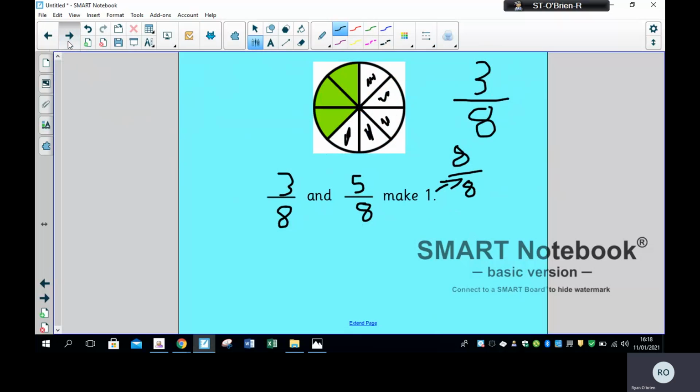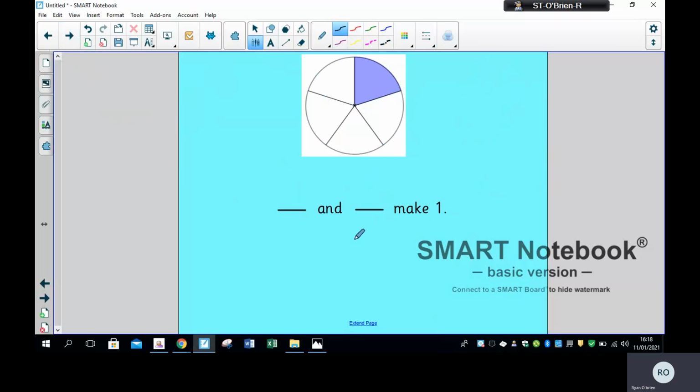Let's have a look at the next one. There's 5 parts there, 1, 2, 3, 4, 5, so we know it's going to be out of 5. I've got 1 part shaded. How many more do I need to get one whole? I need 1 more, 2 more, 3 more, 4 more parts, and then my whole shape would be shaded.